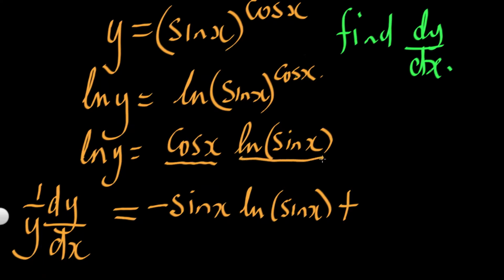So I have cos x times 1 over sine x. I multiply that by the derivative of sine x, which is clearly an application of the chain rule. If I differentiate sine x, I get cos x. So this is cos x.